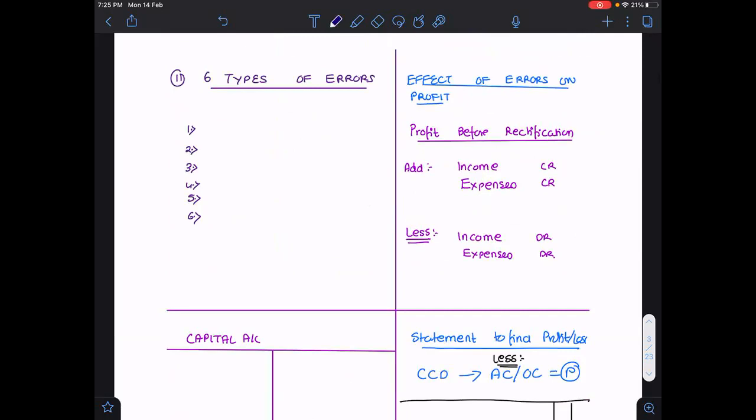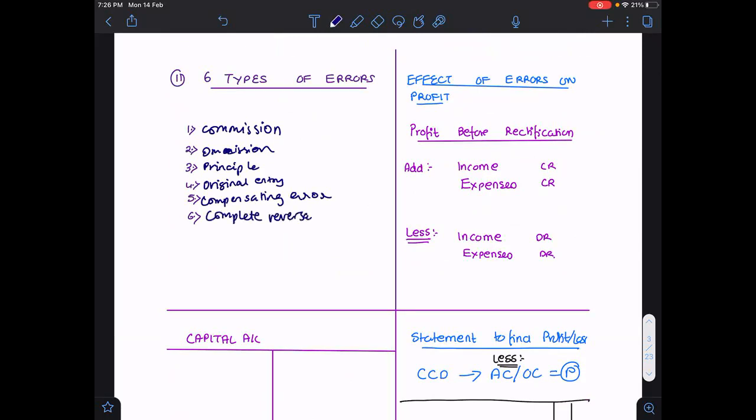6 types of errors: error of commission, error of omission, error of principle, error of original entry, compensating error, and complete reversal. उसके मतलब?